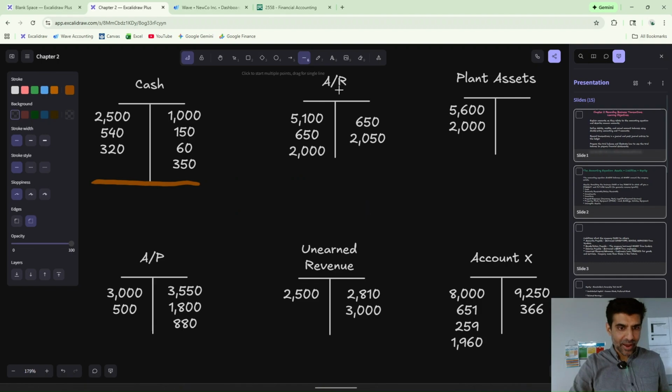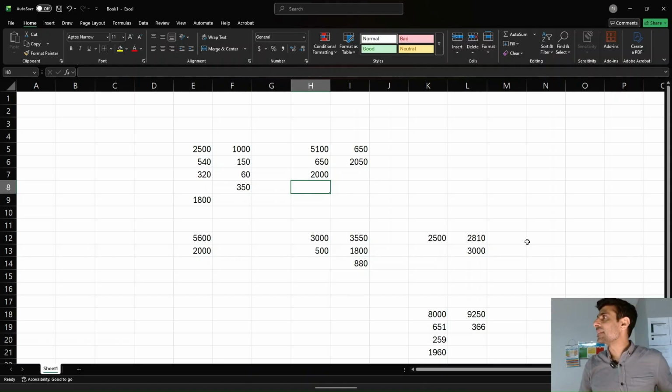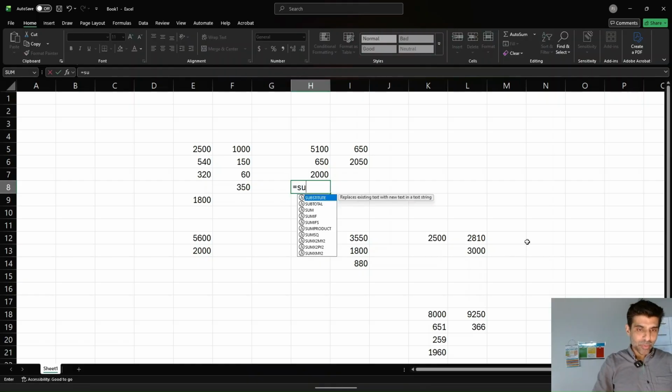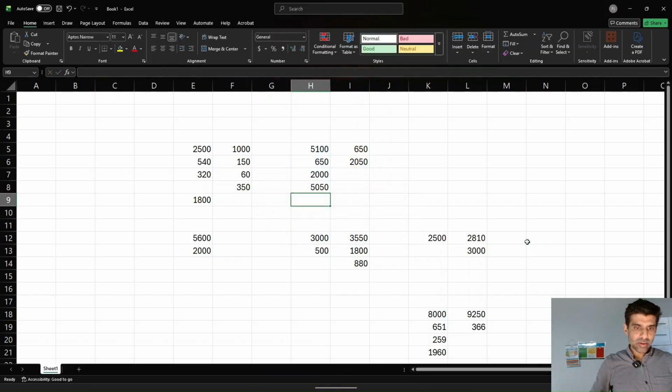The second one was accounts receivable. So I have the numbers all just copied down here. And again, I can just visually see that the debits are larger. So I'm just going to put the balance in the right place, which is on the debit side. So it's the same thing. Sum of the debits minus sum of the credits. 5,050?